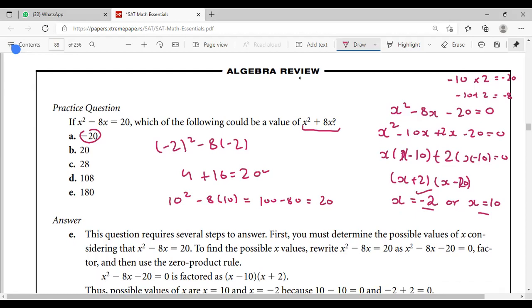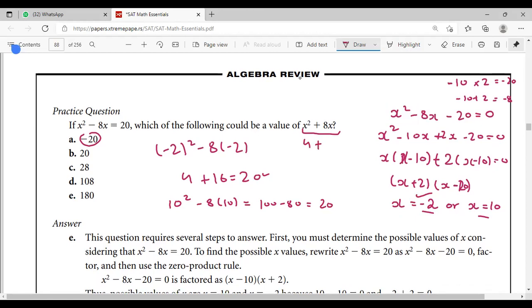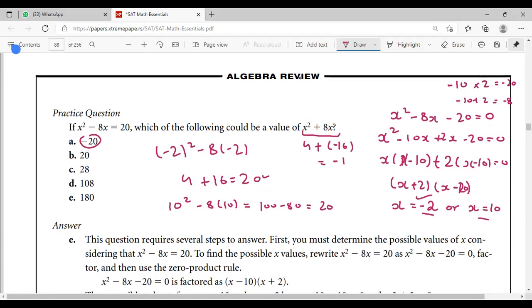We'll have 4 plus minus 16. So we'll be left with minus 12. But we don't have minus 12 here. Let's just use 10 here. So we'll have 100 plus 80. So this is the answer, right? Is it clear?